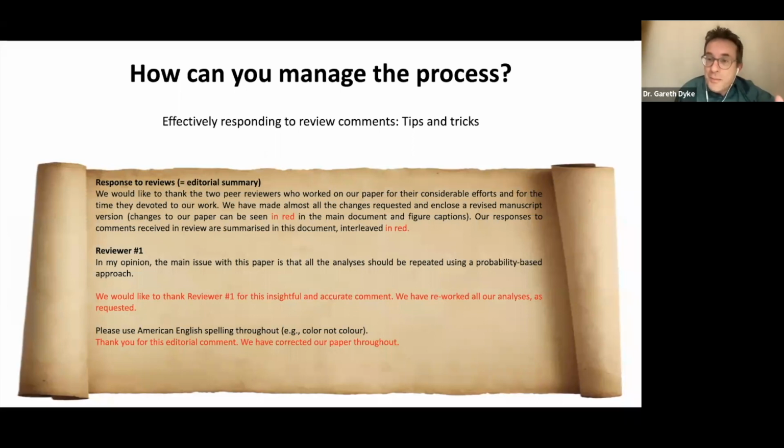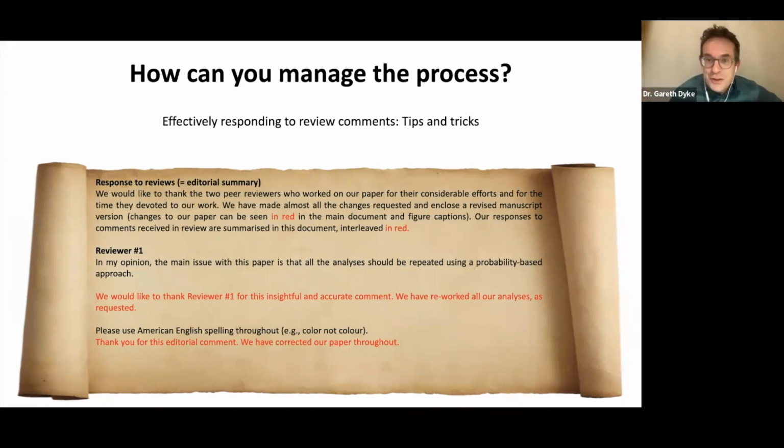Now, I recommend starting off a response document that will be comprehensive about the remarks that you have, about the comments that are made about your paper, with an editorial summary at the top. We would like to thank the 2 peer reviewers who worked on our paper for their considerable efforts and for the time they devoted to our work.